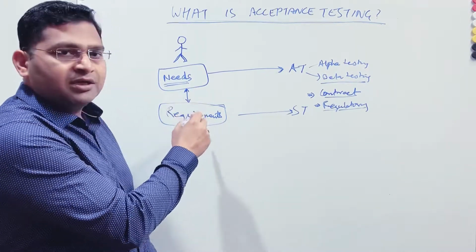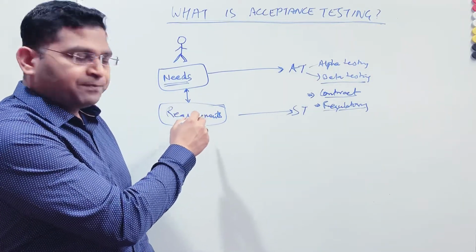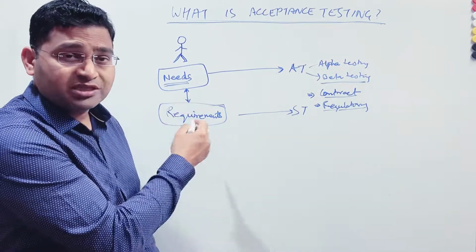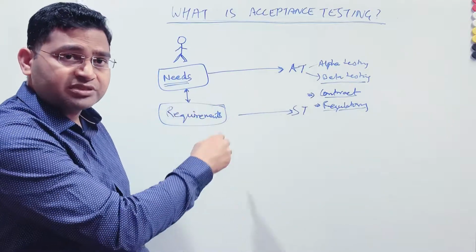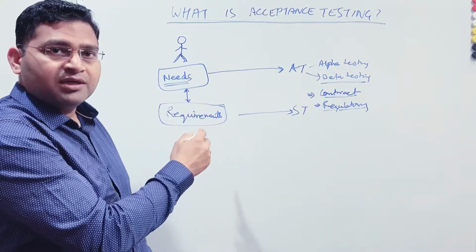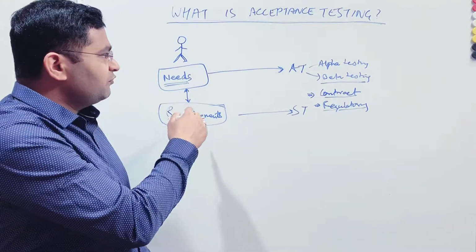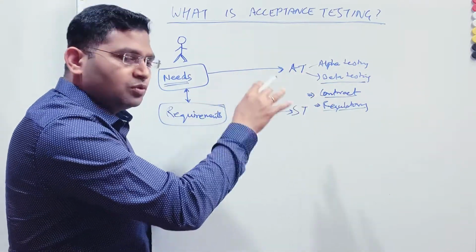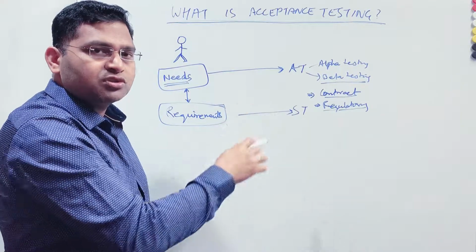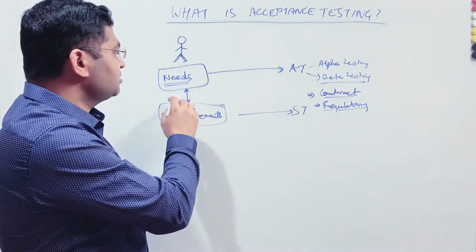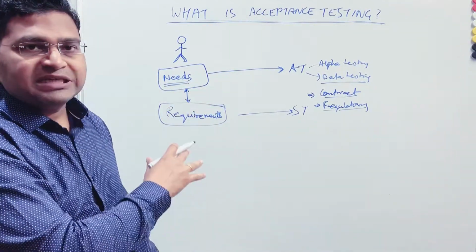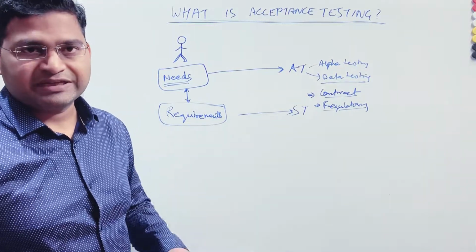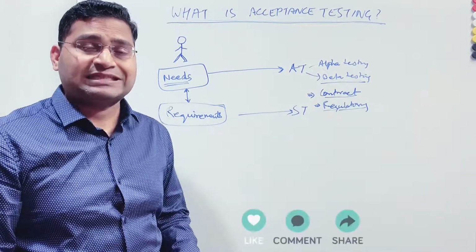There are ways to rectify those gaps, and agile is the best way, because there are continuous feedback loops. But in the waterfall approach or V model, this acceptance testing was the only phase to ensure the software meets the needs of the customer. So that's all for acceptance testing.